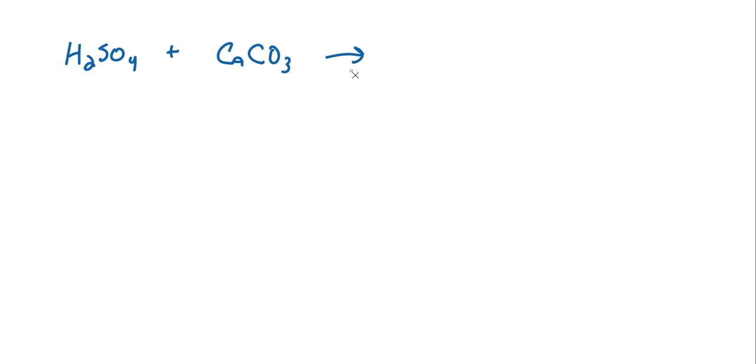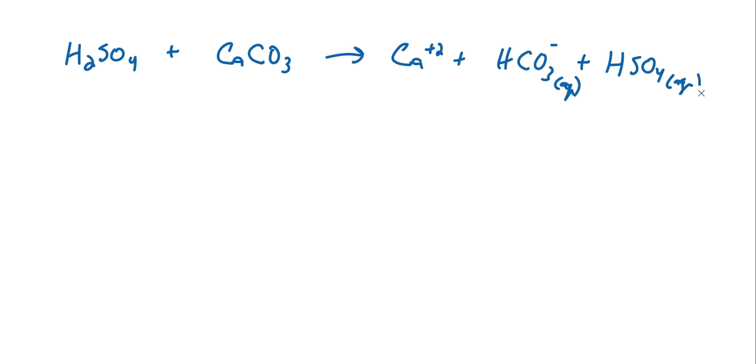In this reaction, because it's ionic, we'll get calcium ions, but we will also get HCO3 with a negative charge, and we will gain HSO4, both of these aqueous, by the way, because ions can't really exist outside of water, and that will also be a negative charge. So what's the acid?